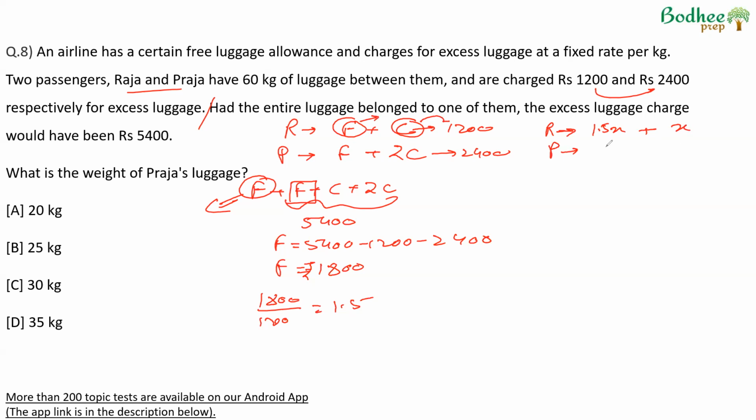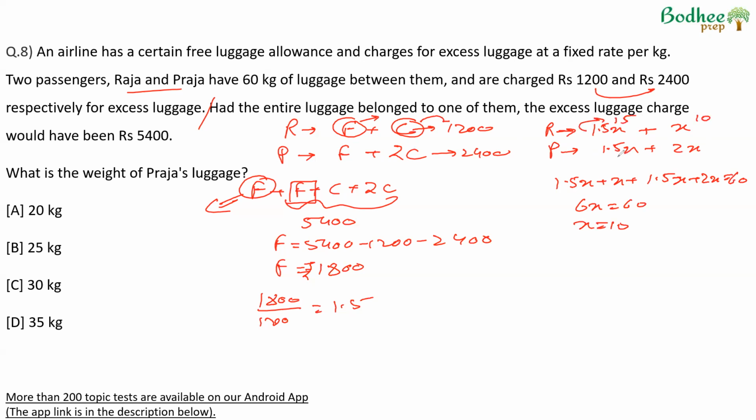For Praja, this will remain 1.5x and Praja's cost is double, so the luggage will be 2x. According to the question, 1.5x plus x plus 1.5x plus 2x is the total luggage with them, which is 60 kgs. So 6x is equal to 60, x is equal to 10. So the free luggage is 15 kgs.